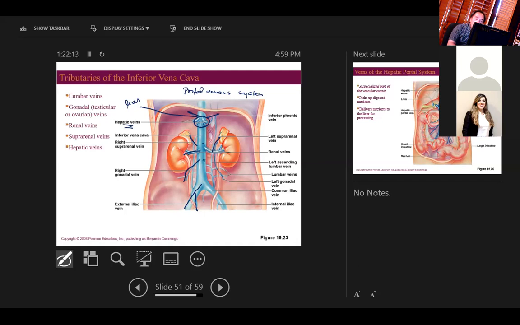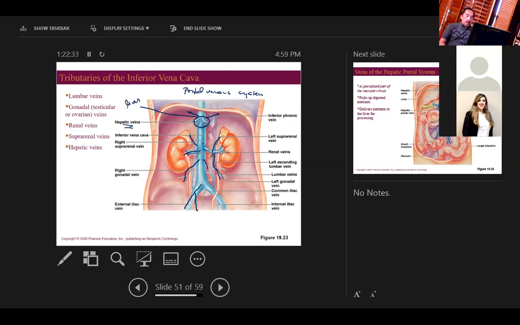They go side to side off the main vessel, but it didn't happen here. So they actually instead tap from the left renal vein, and that's going to be the gonadal vein. Okay, so that's actually very unique to the vein. The left side taps onto the left renal vein instead of the inferior vena cava.